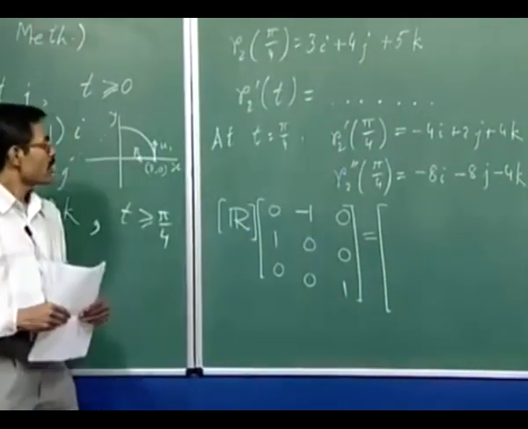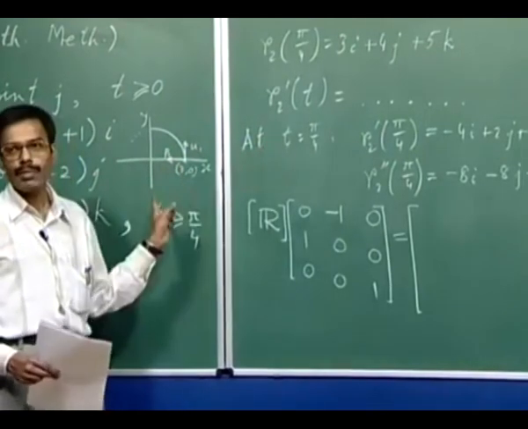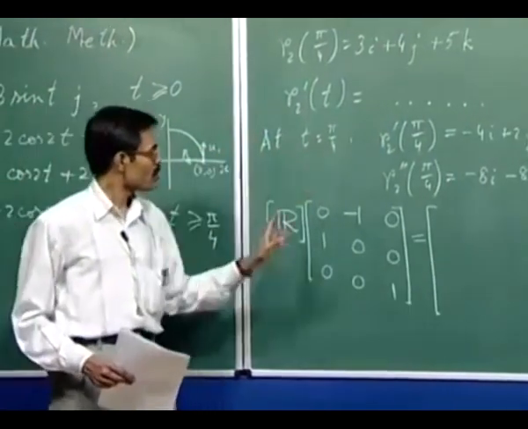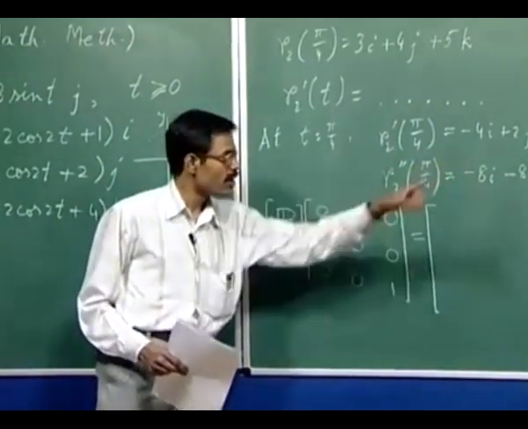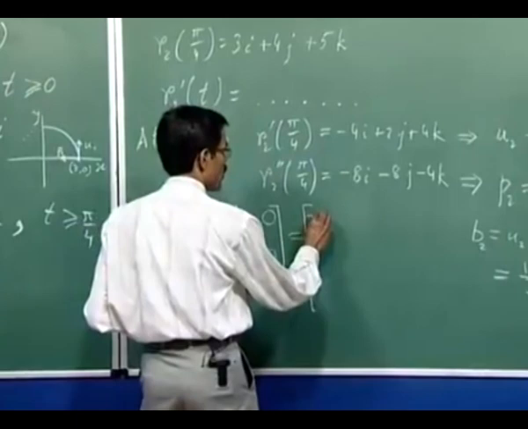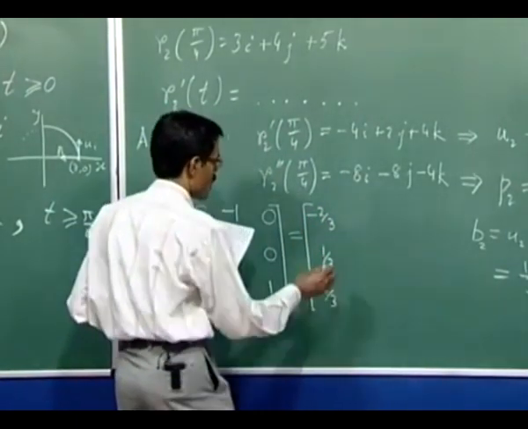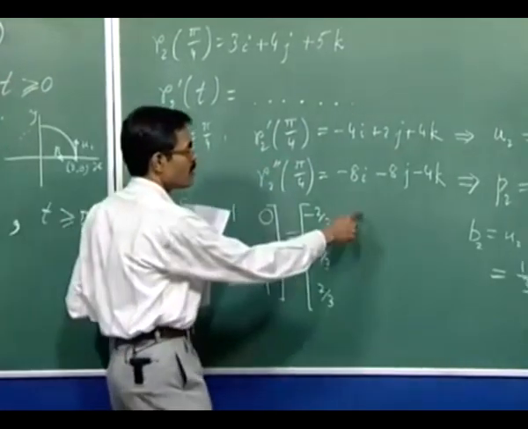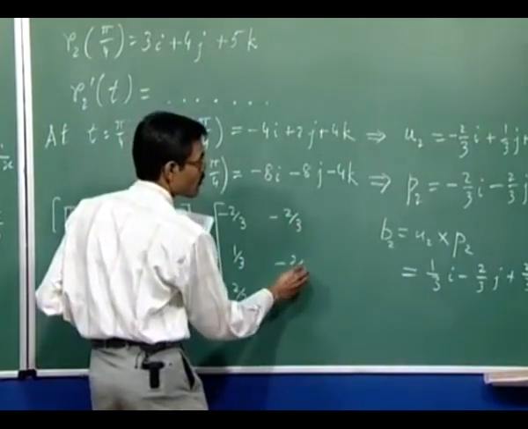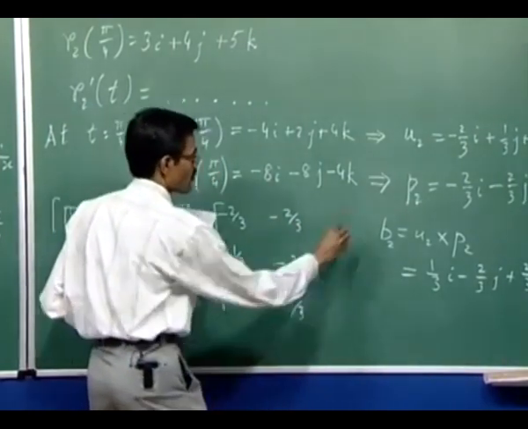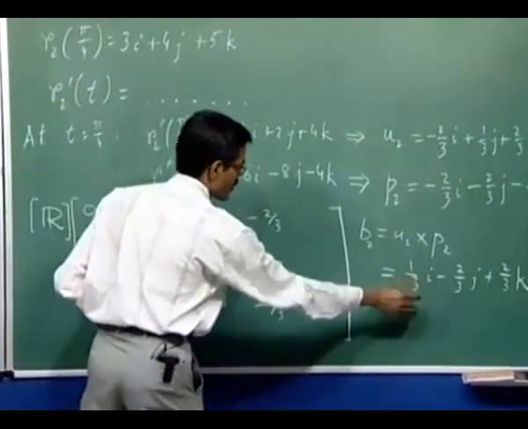We find that we want the rotation matrix which transforms U1 to U2, P1 to P2 and B1 to B2, right. So, R into the first column of this should be the vector U2 there. Similarly, R into P1 should be P2. And finally, R into B1 should be B2, that is this.